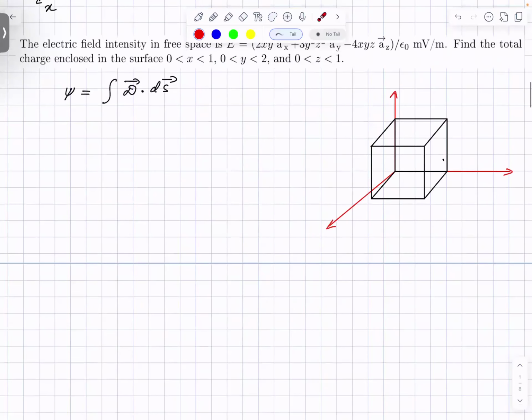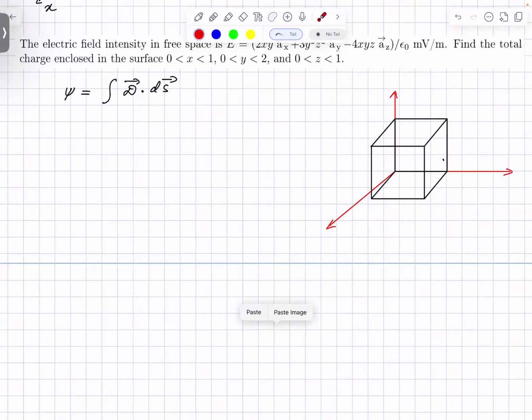So if we are given this box, it is enclosing a certain volume, and the total charge enclosed will be equal to the flux leaving this box. That is what Gauss's law says. So it always involves a closed surface, some volume enclosed by surfaces, and the total charge within that volume is always equal to the flux leaving the surface.